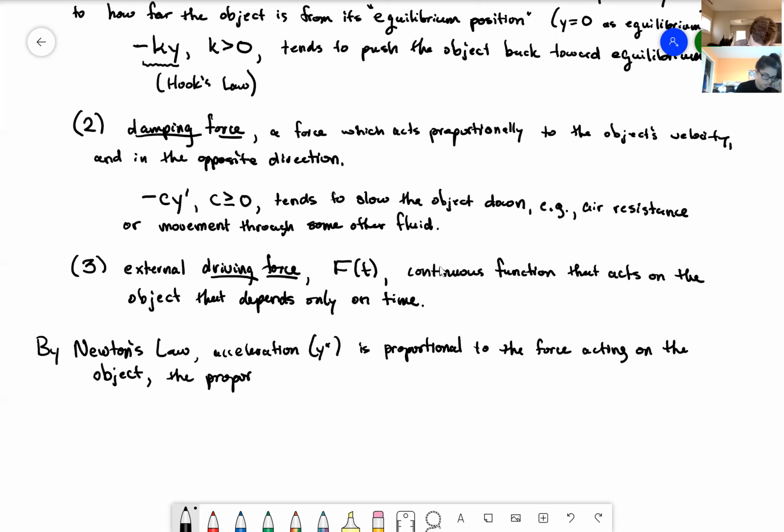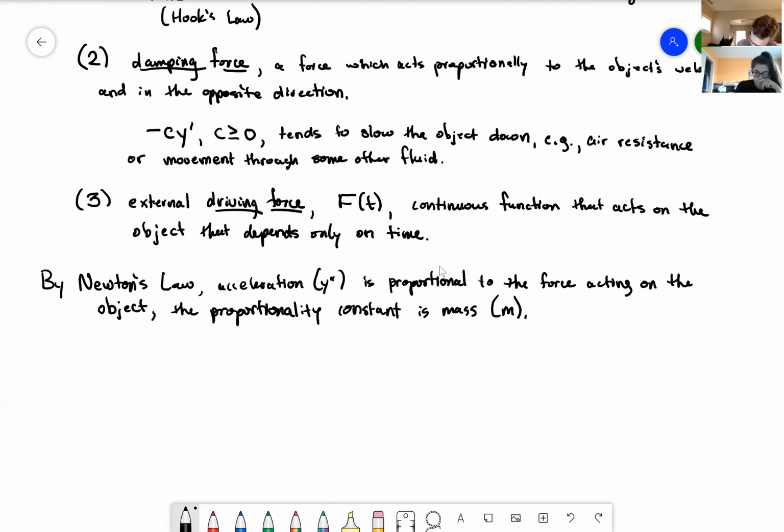You might be familiar with the proportionality constant in this law, just like this k and this c here, more commonly known as mass. And in contrast to these other proportionality constants, we do think of this one as being exact. That mass times acceleration is exactly equal to the force acting on the object.